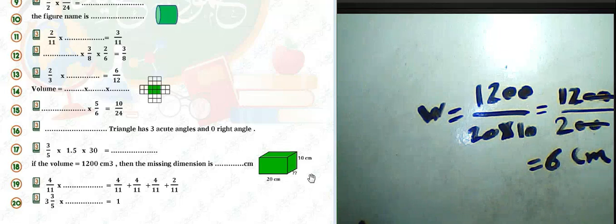Question 19. 4 over 11 multiplied by space equals 4 over 11 plus 4 over 11 plus 4 over 11 plus 2 over 11. In this example, we can find the result on the right-hand side, and then we can find the space here. Look here at the steps. We have 4 over 11 multiplied by what?